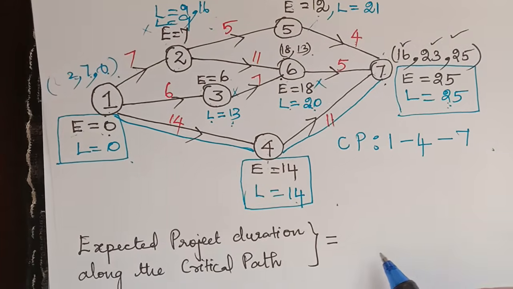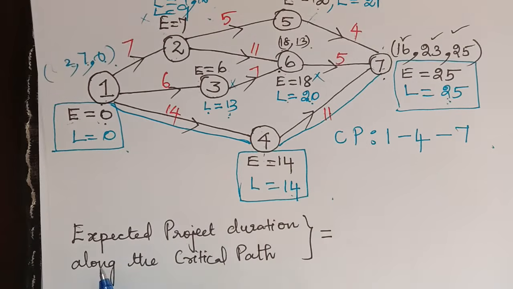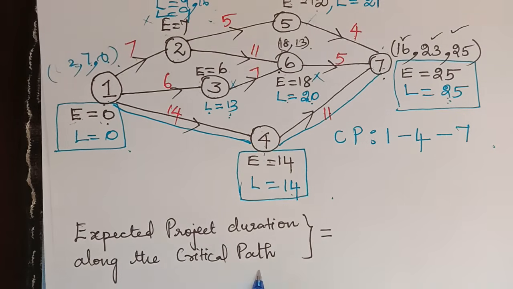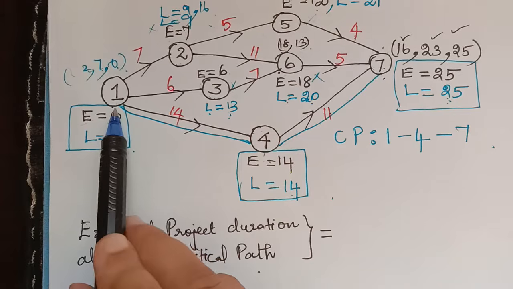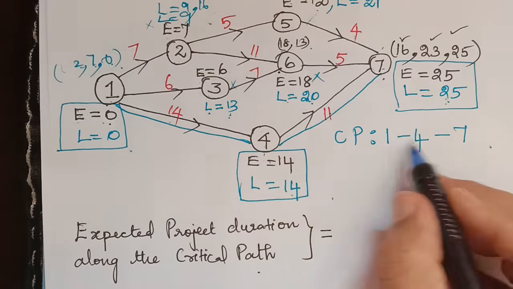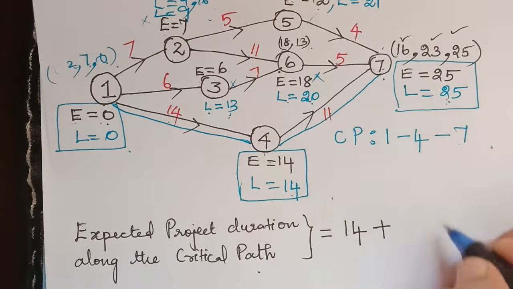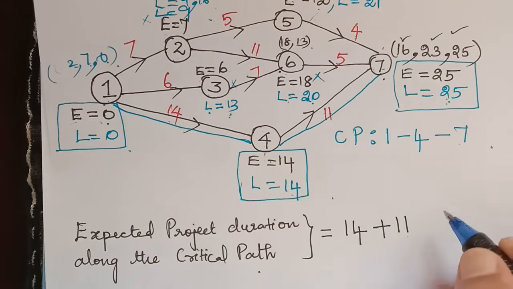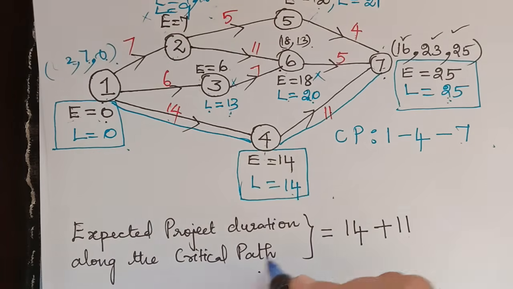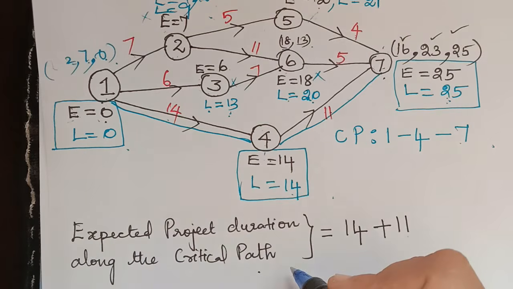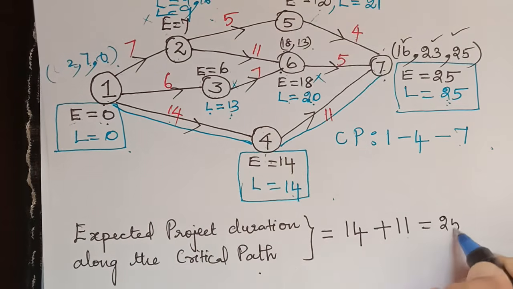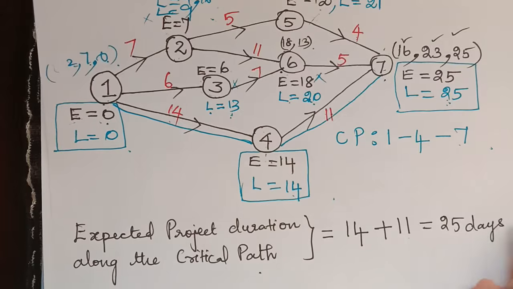So next we have to calculate the expected project duration along the critical path. So along the critical path, the duration of 1 to 4 is 14 plus 4 to 7 is 11. So 14 plus 11 gives us the project duration along the critical path, which is equal to 25 days.